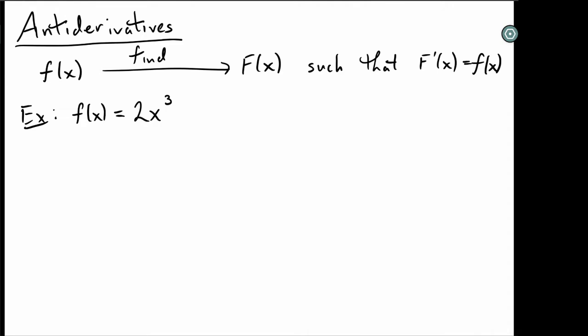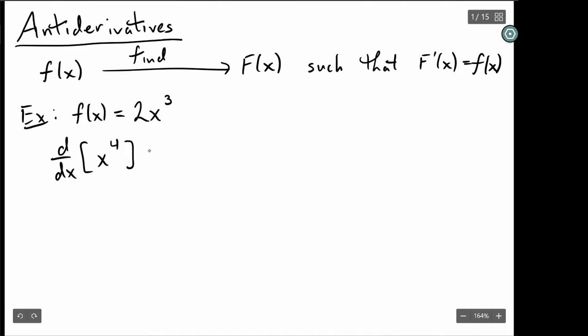So what kind of a function would give me the derivative 2x cubed? To figure that out, let's think about what kind of a derivative could have an x cubed in it. Well, if we think about the power rule, we know that the derivative of x to the fourth is 4x cubed.